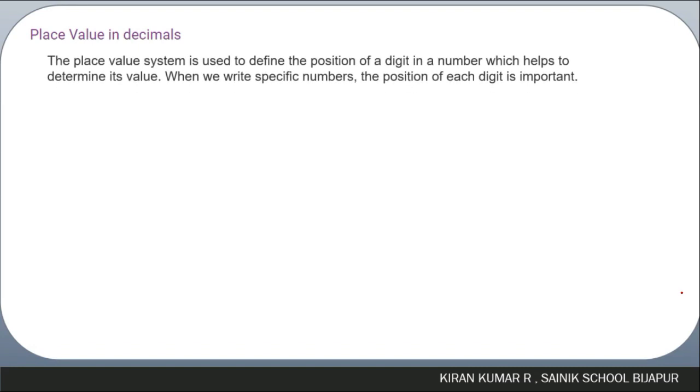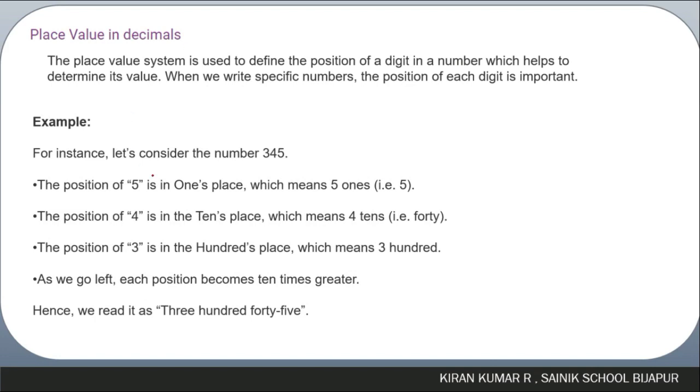Let us try to understand the place values in decimals. The place value system is used to define the position of a digit in a number, which helps us to determine its value. When we write specific numbers, the position of each digit is important. For instance, let us consider the number 345.